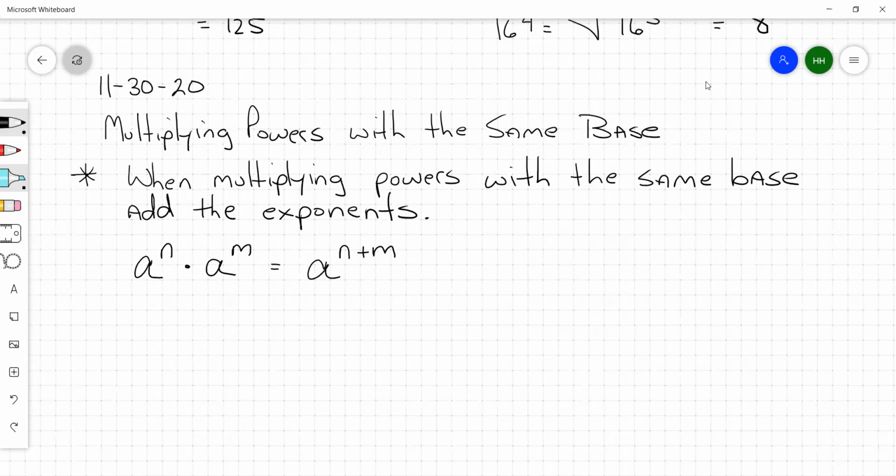And another way of saying that would be x to the third times x to the fourth would be equal to x to the 3 plus 4, which is equal to x to the 7th. 8 to the third times 8 to the 6th is equal to 8 to the 9th.